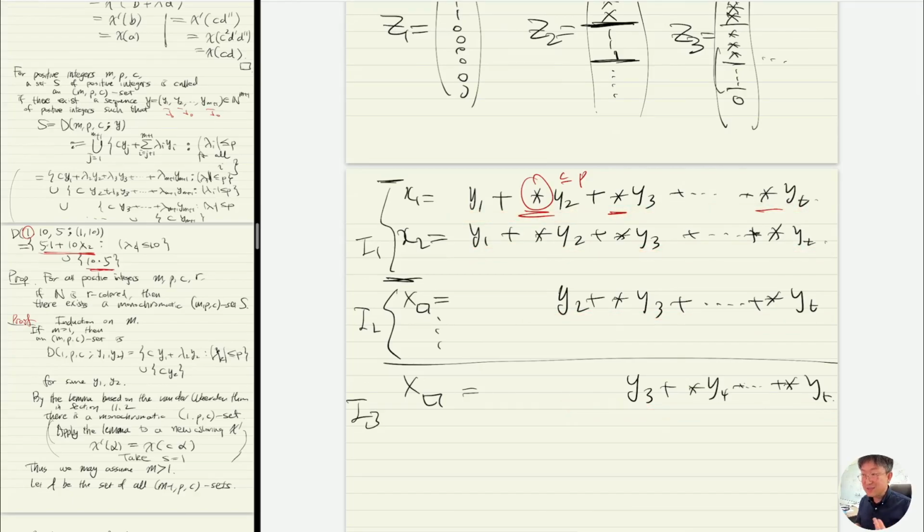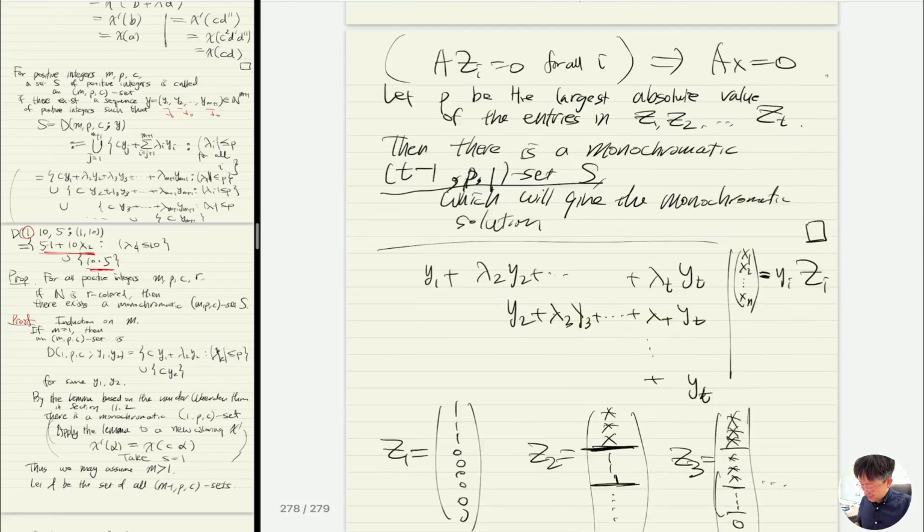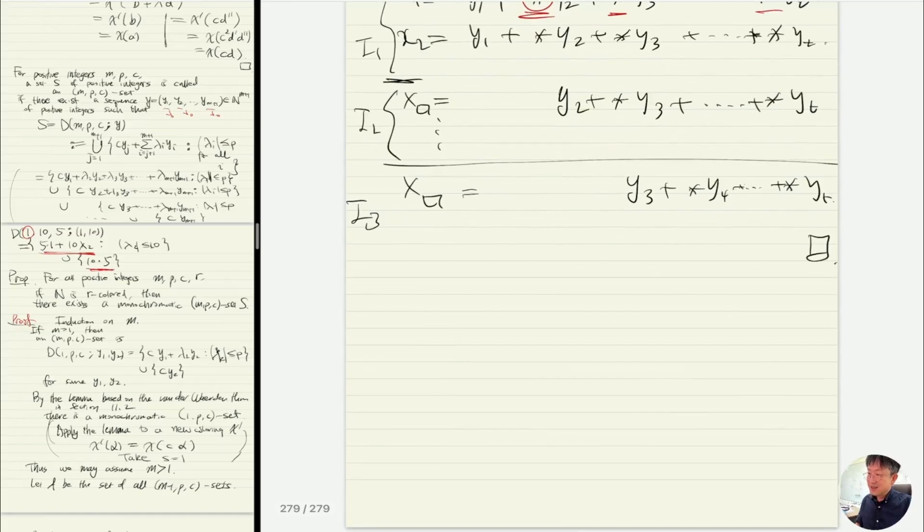So that's why it has the same colors. And yeah, so this is the end of the proof. All right.